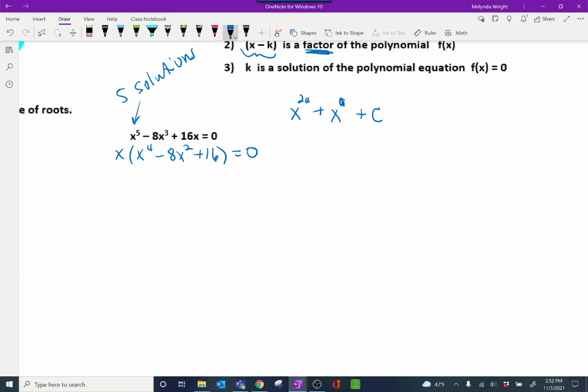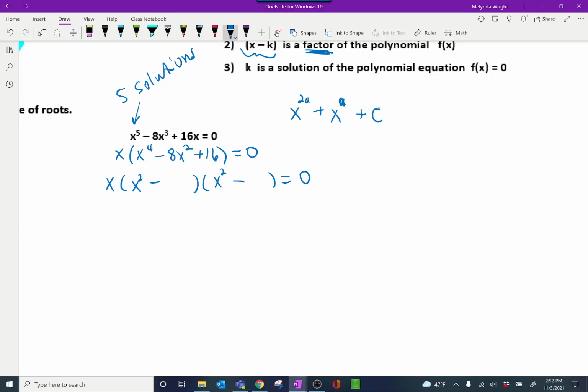So in this case, yes, this is in quadratic form. So we can factor this like FOIL, like a quadratic, with our guess and check technique. X squared, let's see, our back signs are positive, so our signs are going to be the same.